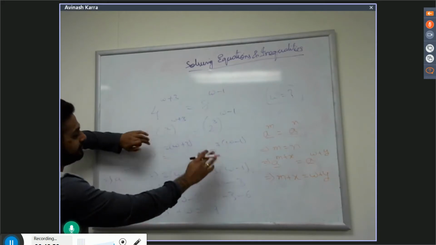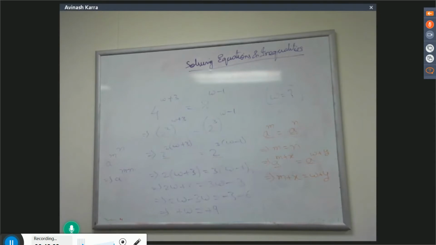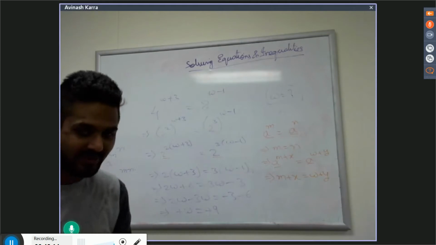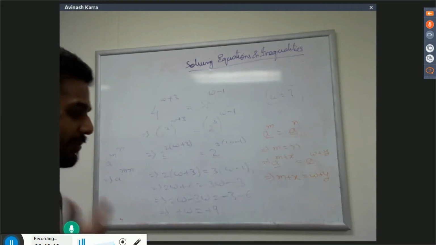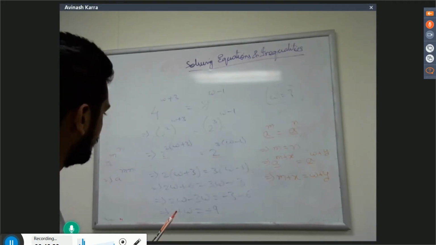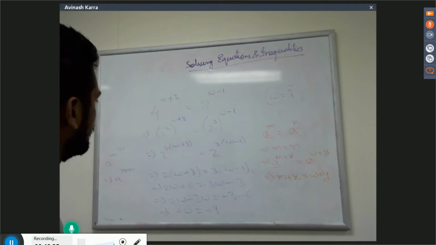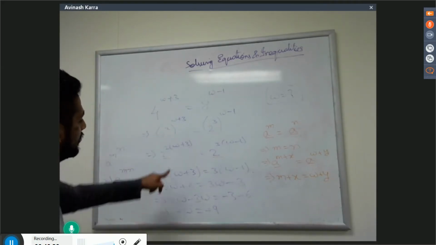I understand that part, I understand the formula and everything. I'm just wondering why you didn't solve 2 to the power of 2. Do you see I did 2 to the power of 2 times w plus 3?